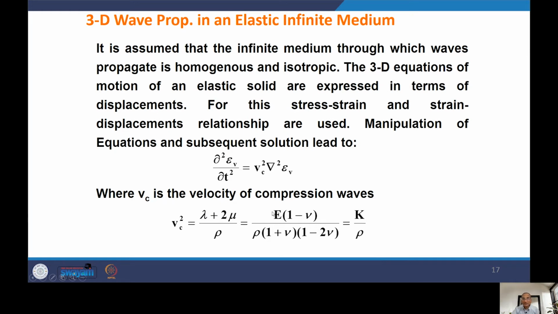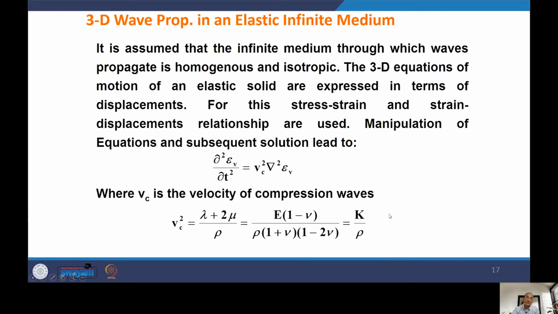So when you substitute lambda and mu in terms of E and Poisson's ratio, finally you end up with this relation. In this relation, all quantities except rho make up K, where capital K is the bulk modulus. So if you divide bulk modulus by rho, it gives you Vc square, the velocity of the compression wave.